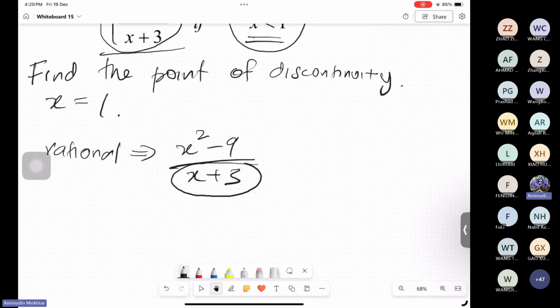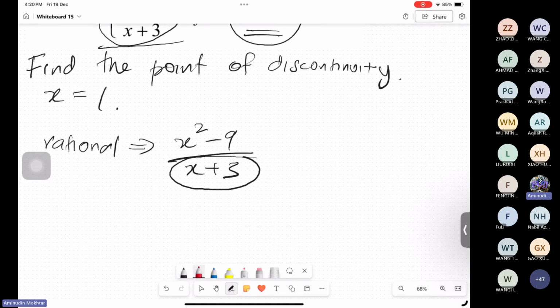What is the denominator? x plus 3 equals 0. What is x? x equals negative 3. Since this function has a rational part, the denominator is x plus 3, and when x equals negative 3, the denominator equals 0.